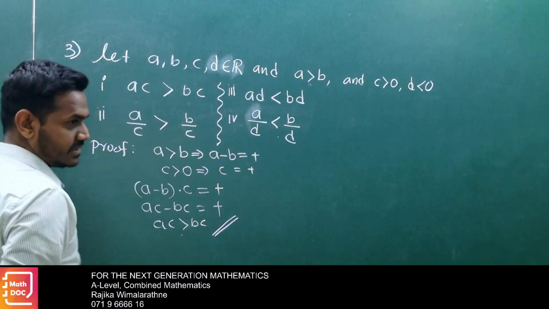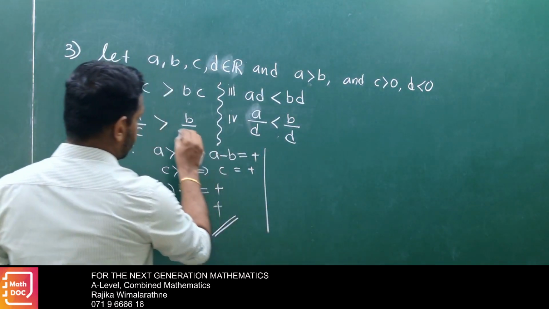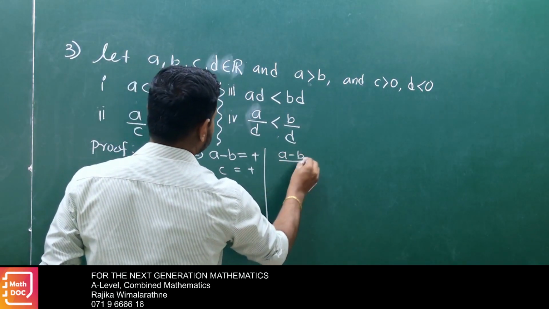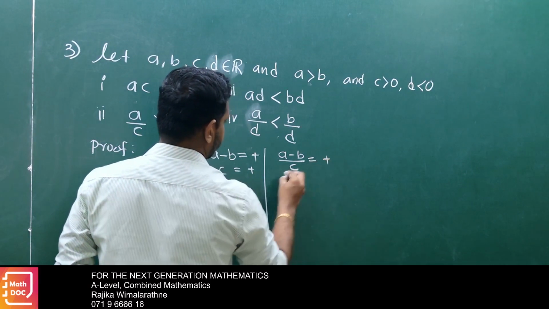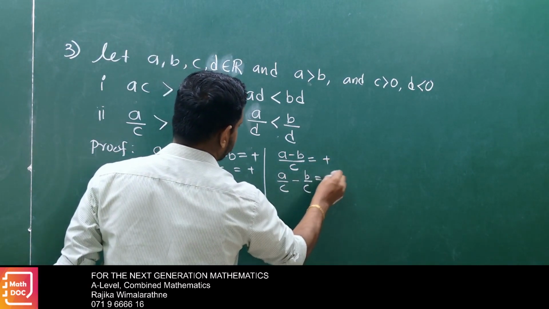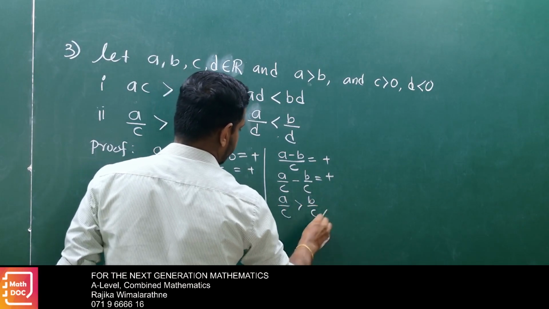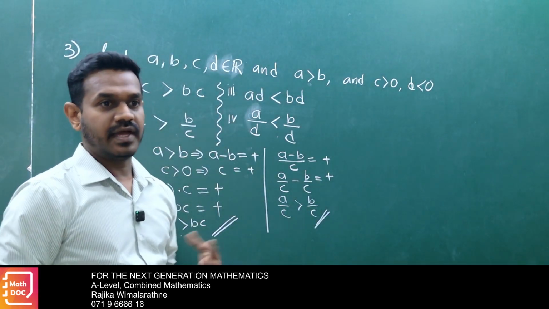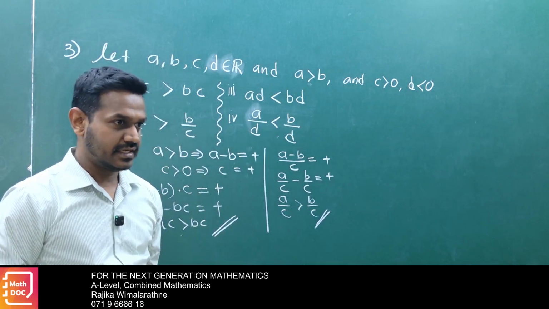Then second one, here A minus B divided by C. Positive over positive, we get a positive value. Then A over C minus B over C, result positive. Then A over C greater than B over C, no? Okay. Then you can divide or multiply any inequality by a positive value without changing the sign.